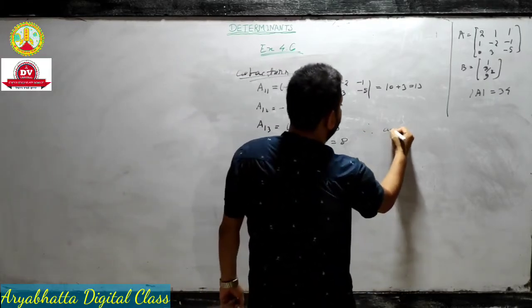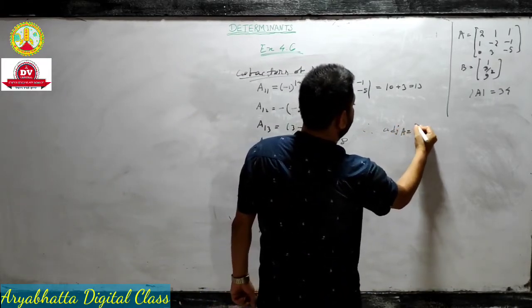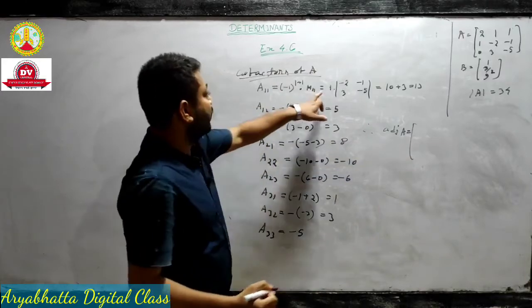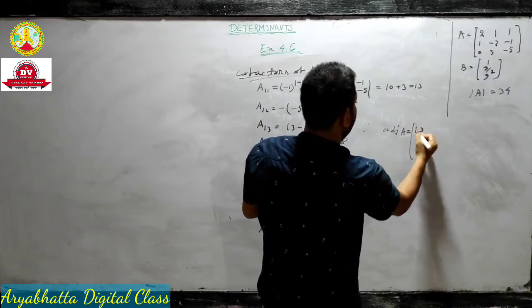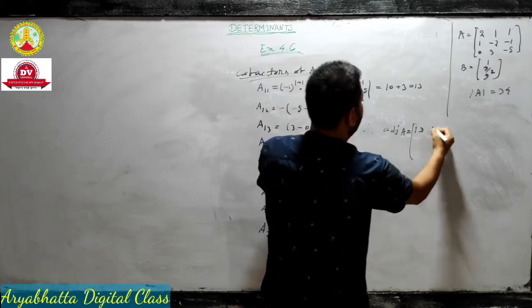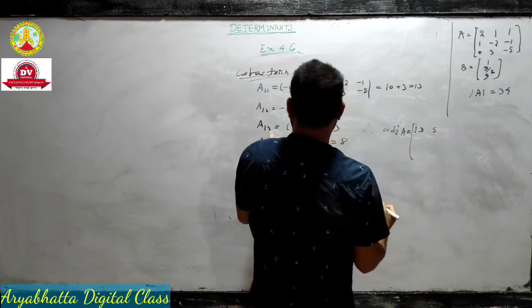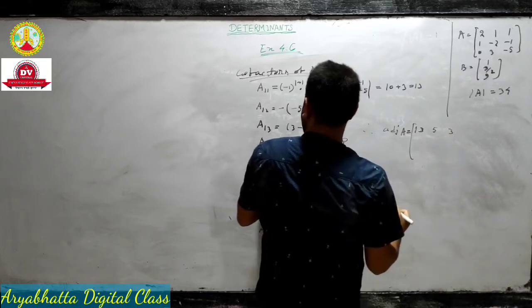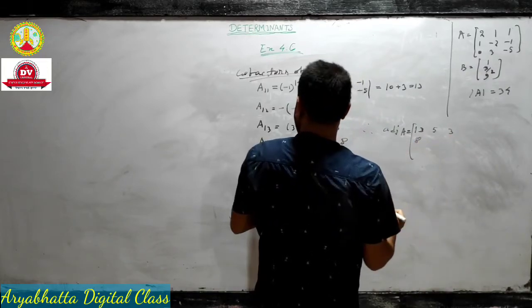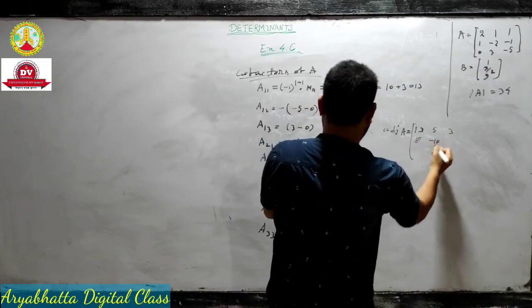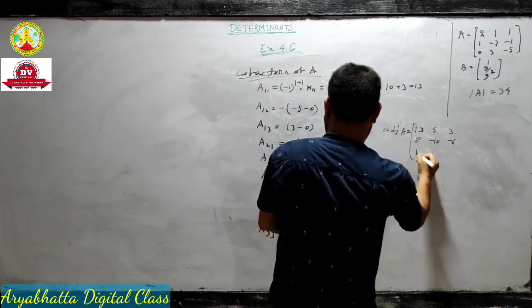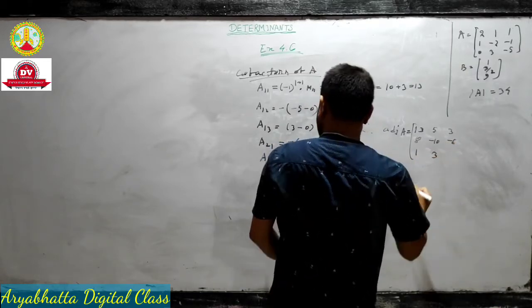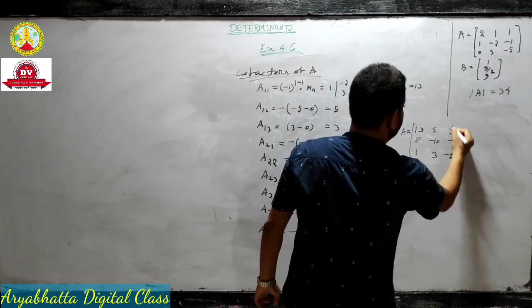Therefore, adjoint of A: A11 is equal to 13, A12 5, next A13 3, A21 8, A22 minus 10, A23 minus 6, A31 1, A32 3, A33 minus 5.